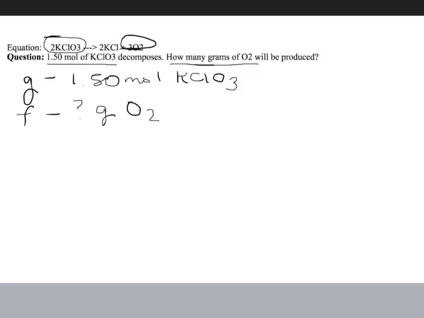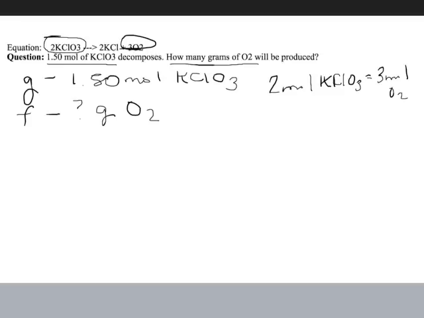All right, so we definitely know we're going to need a mole ratio for this problem. Our mole ratio is, for every 2 moles of the potassium chlorate that decomposes, we will make 3 moles of oxygen gas. So we'll just go ahead and pull that to the side. 2 moles to 3 moles of O2.